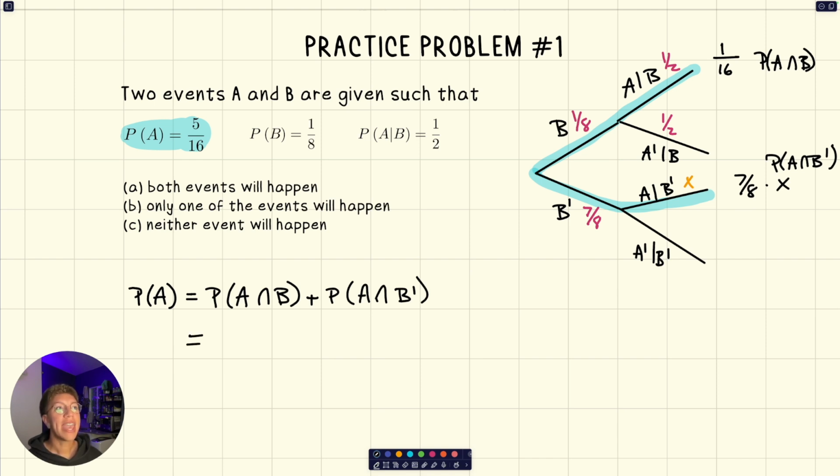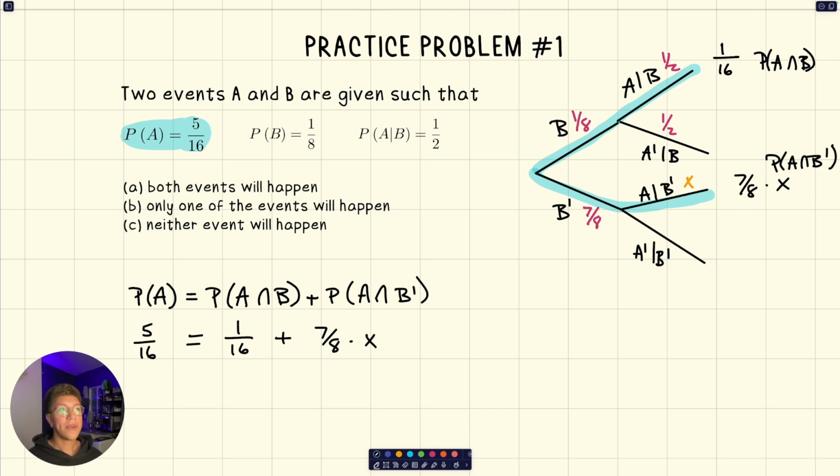So the probability of A is 5/16. The probability of A intersection B is 1/16. And the probability of A intersection B not is 7/8 times x, again, multiplying along the branches.